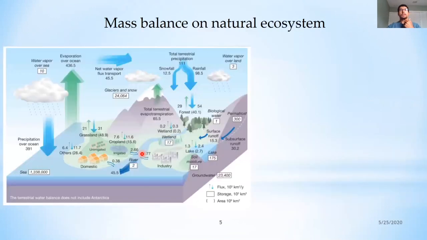Another example is from a natural ecosystem, this time the water cycle. In this process, we have blue arrows and green arrows. Blue shows the transfer of water from the atmosphere to the ground.